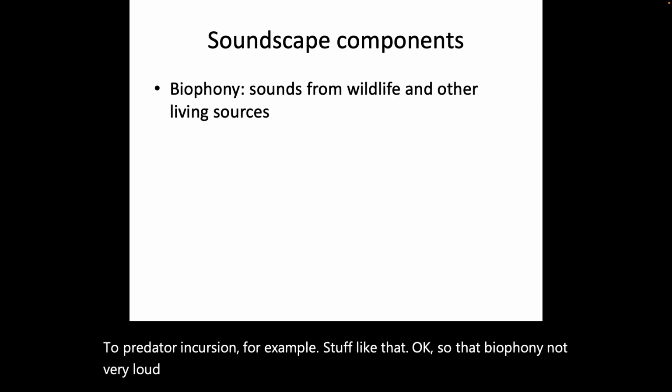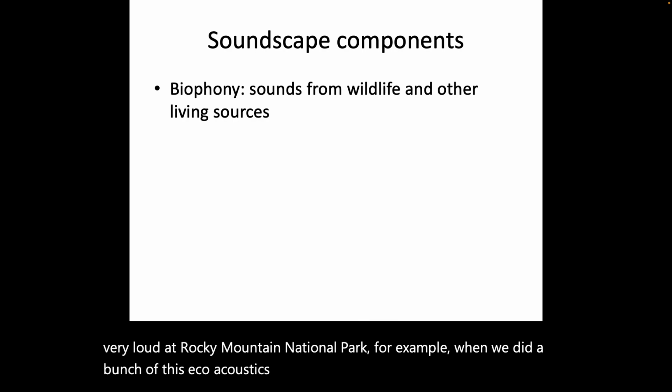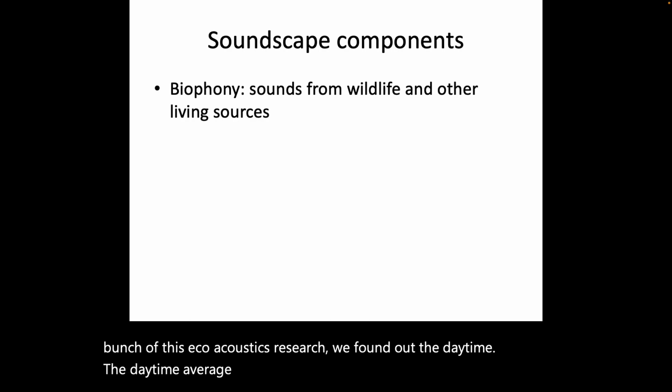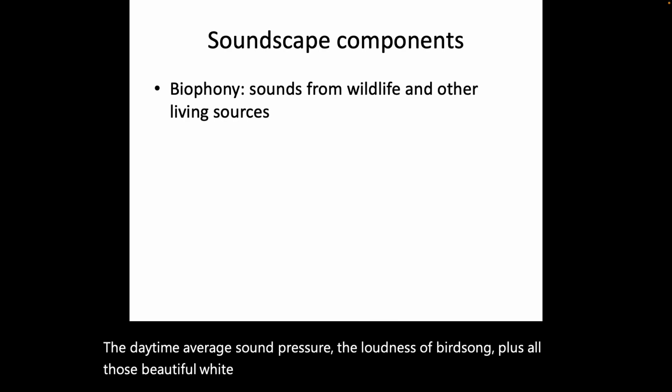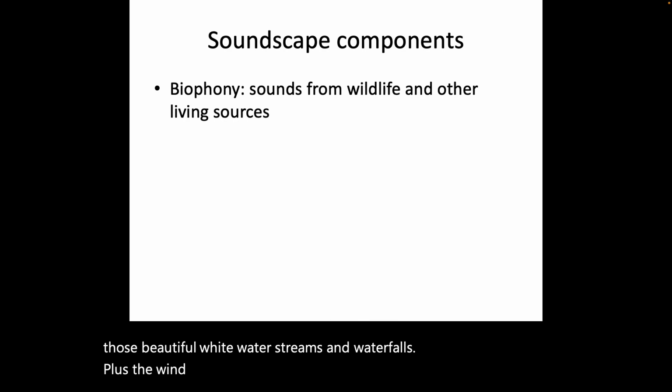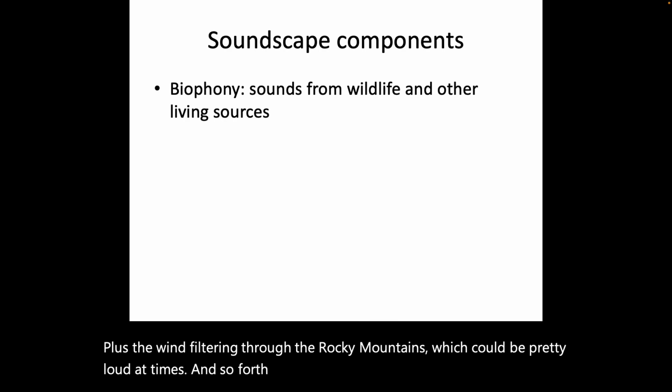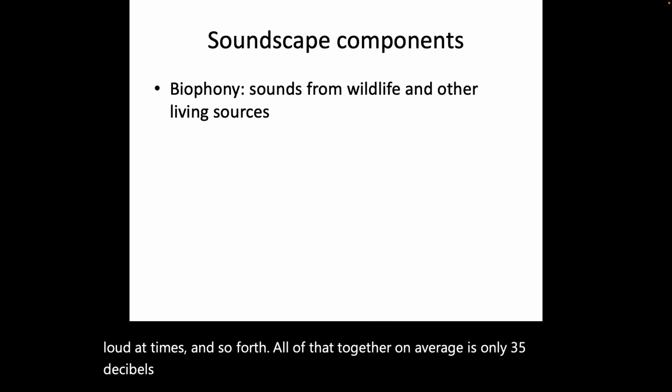At Rocky Mountain National Park, for example, when we did a bunch of this ecoacoustics research, we found that the daytime average sound pressure, the loudness of bird song, plus all those beautiful whitewater streams and waterfalls, plus the wind filtering through the Rocky Mountains, which can be pretty loud at times, and so forth, all of that together, on average, is only 35 decibels.